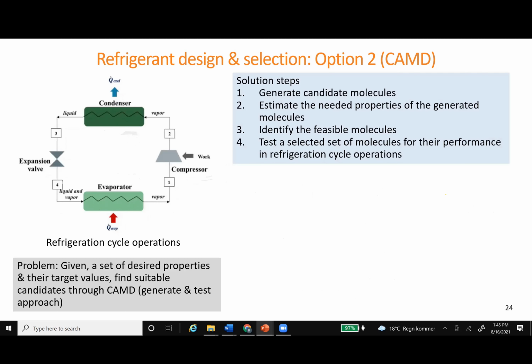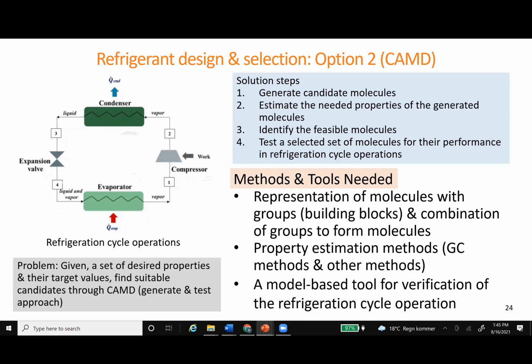So now we need some additional tools. We need to represent the molecules with building blocks, because we are going to use some building blocks to create the molecule. Building blocks can be atoms, bonds, groups of atoms, combinations of atoms, bonds, groups of atoms, many things.